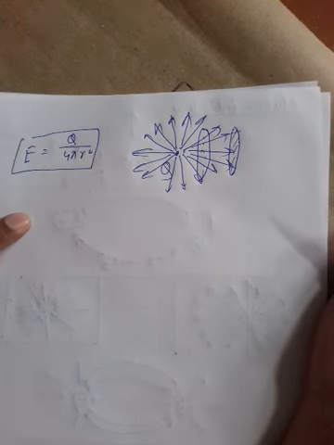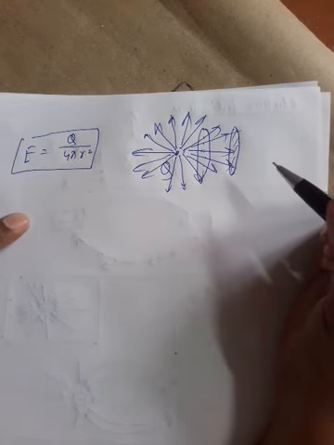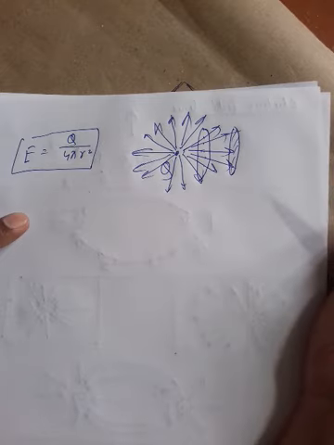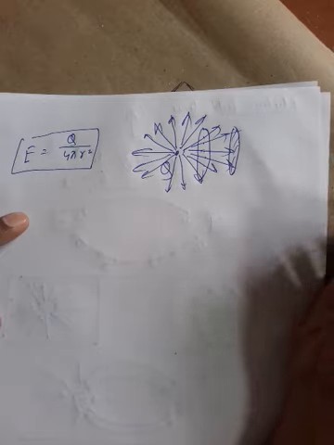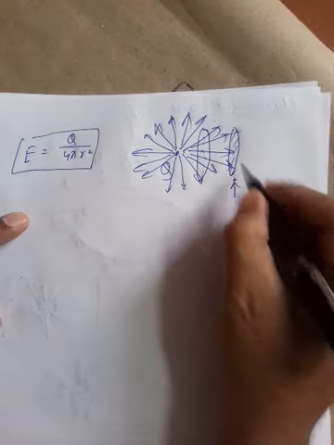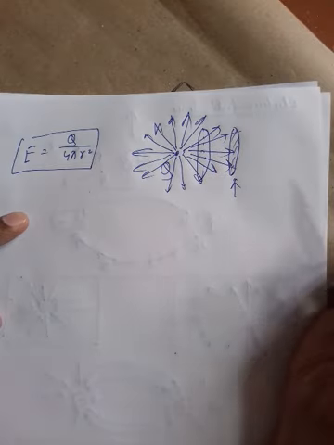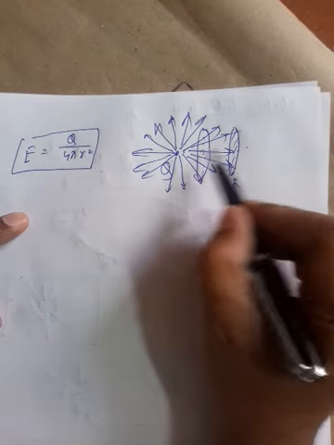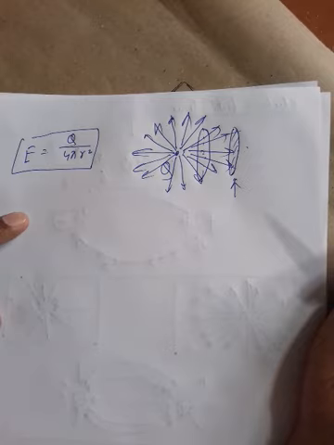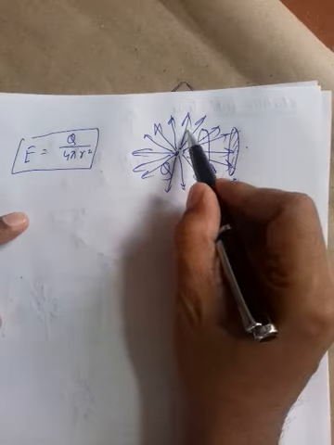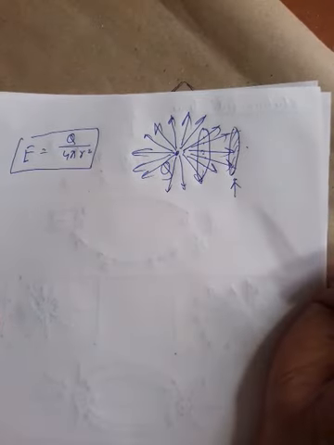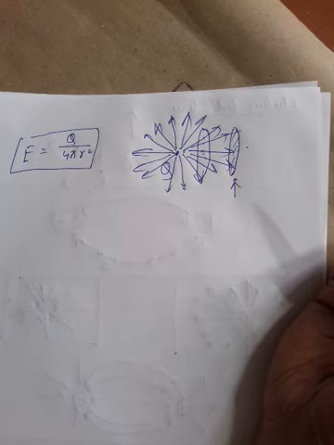So one thing is coming clearly: the number of lines of force passing per unit area, or density of electric lines of force, is somehow dependent on the strength of the field. Here, through this area only 3 lines of force passing. If you bring this area closer, the same area, then more number of lines of force pass through it. If you bring it even closer, even more lines pass through it. So closer to the surge, density of lines of force is more, and as you go away from the surge, density of lines of force becomes less.